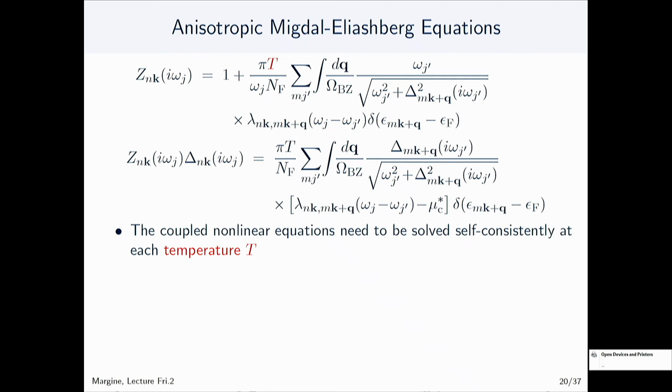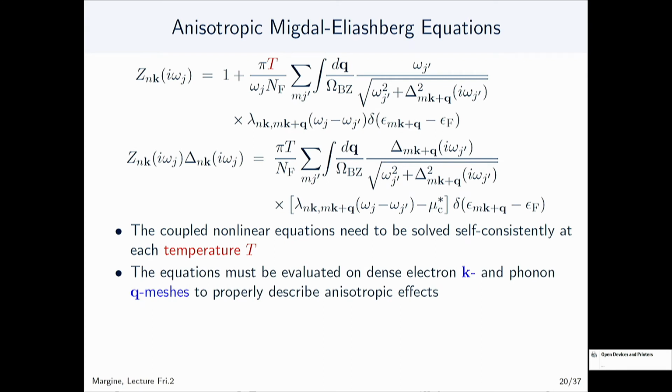To effectively get the superconducting gap, you will need to solve these equations at different temperatures. So you don't solve it just once; you will need to solve it for different T. This can be quite time-consuming since they will need to be solved every time, for every temperature that you choose, and you will need to solve these two equations self-consistently. Second, you notice that we have this anisotropy, and this is the key point. So the equation will have to be solved on dense electron meshes, and at the same time on dense Q meshes to properly describe anisotropic effects.